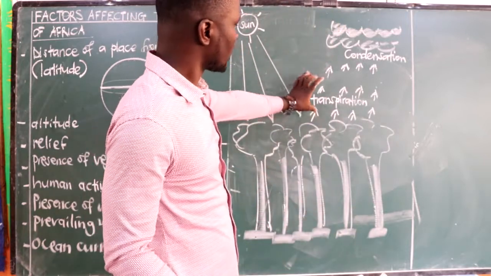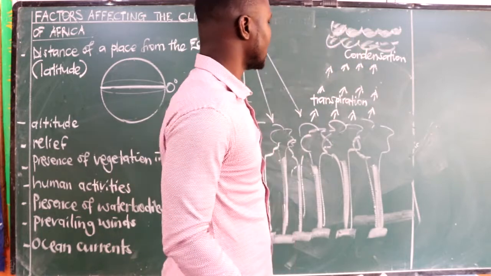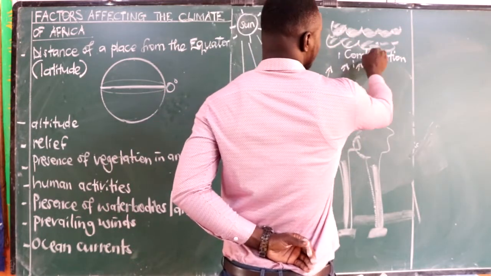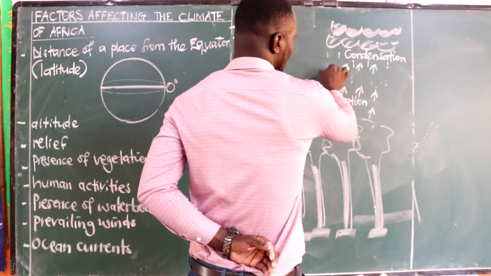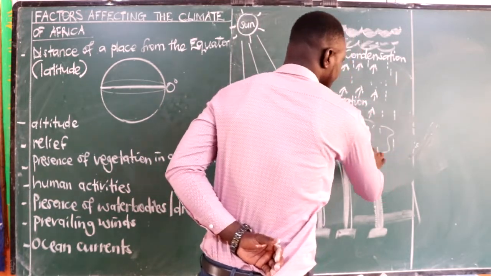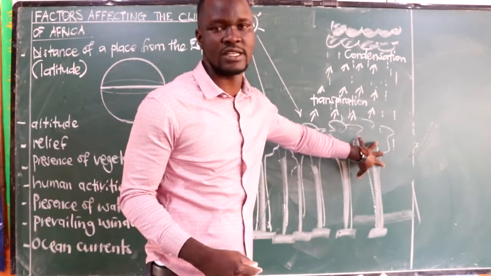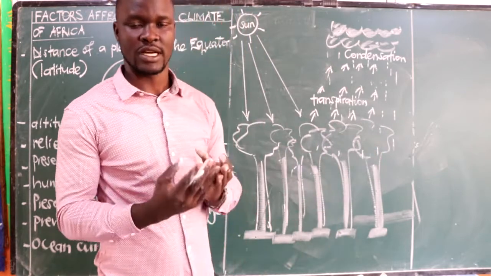So that is now cooling. The winds cool, forming the clouds that will eventually result in the formation of rain, and we shall be having rain pouring in an area. How did it happen? It's because of these trees which helped to transpire.